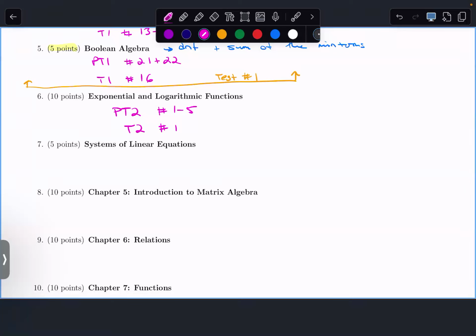Exponents and logs. Keep an eye out for quadratic equations. Right? You have to solve for x, but once you applied your log laws, you got to an ax squared plus bx plus c, set it equal to 0, you can find those values of x, all right?